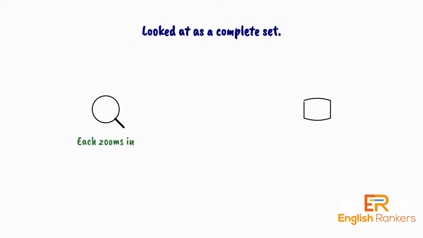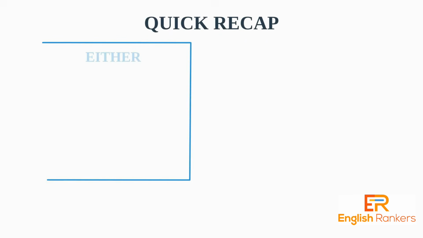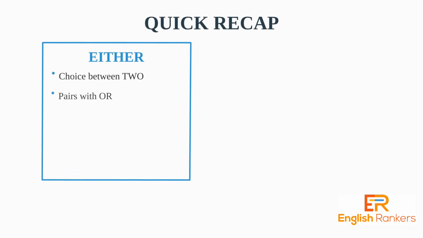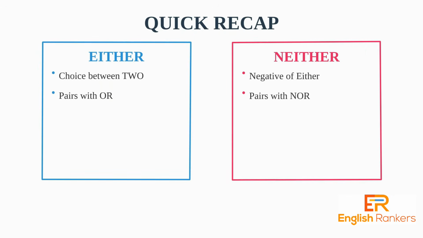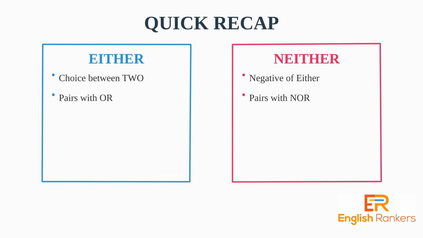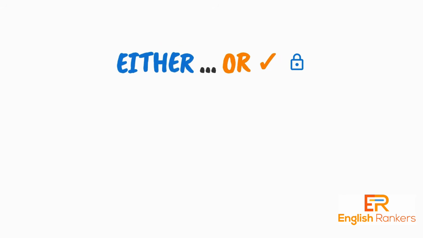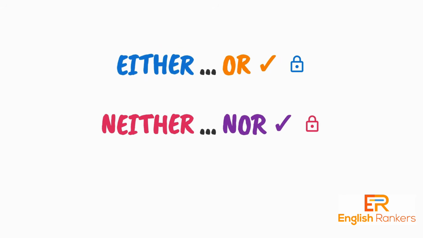Remember, every needs one before of. Either, a choice between two things, one or the other, pairs with or. Neither, the negative of either. Not one and not the other, pairs with nor. Always two things for these twins.